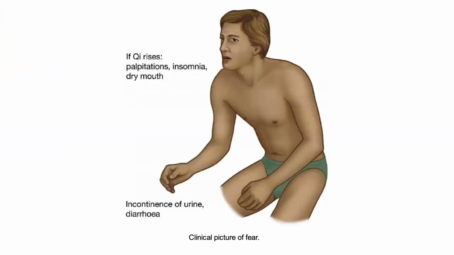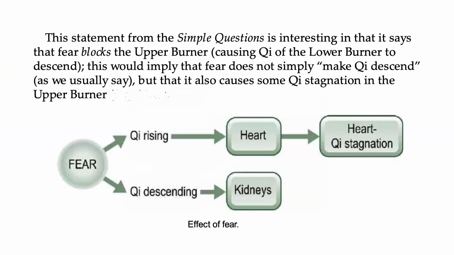So if qi rises, there will be palpitations, insomnia, and dry mouth, and if qi descends, incontinence of urine and diarrhea. This statement from the Simple Questions is interesting in that it says that fear blocks the upper burner, causing qi of the lower burner to descend.